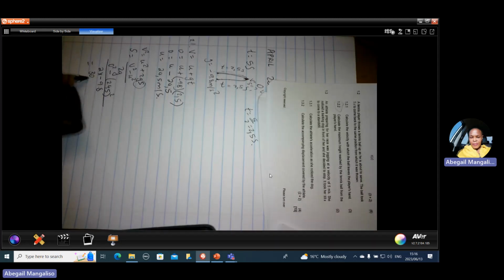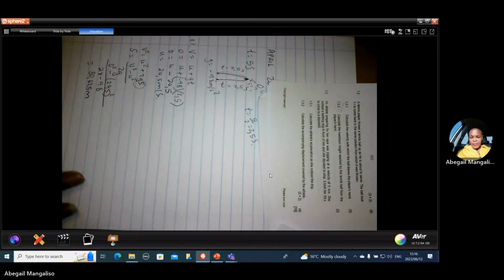The answer will be 30.625 meters. So from this point to this point, the distance taken is 30.625. But the total distance to come back to the original position where it was thrown will be 30.625 multiplied by 2, because it doubles this distance. That is the answer to 1.2.